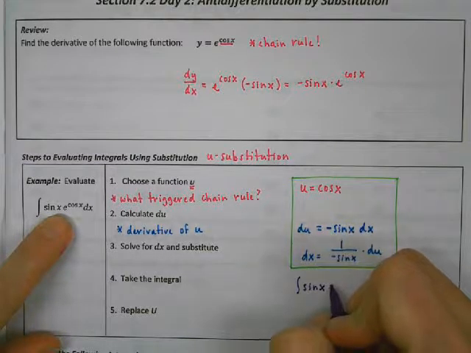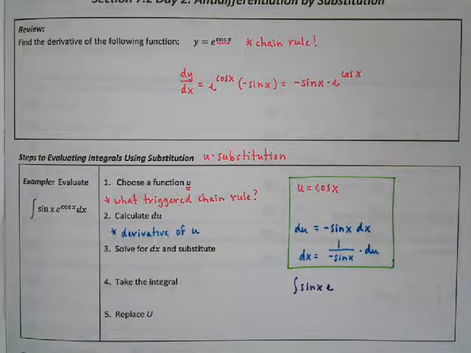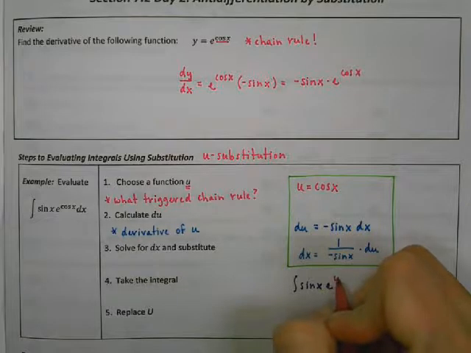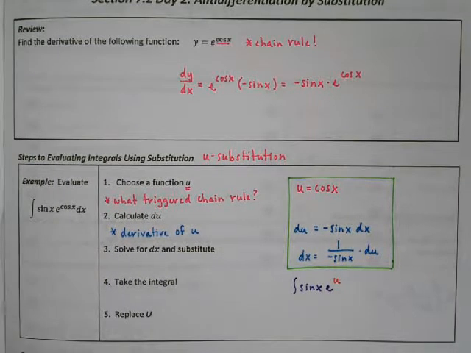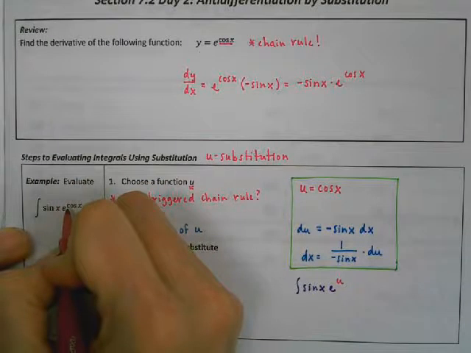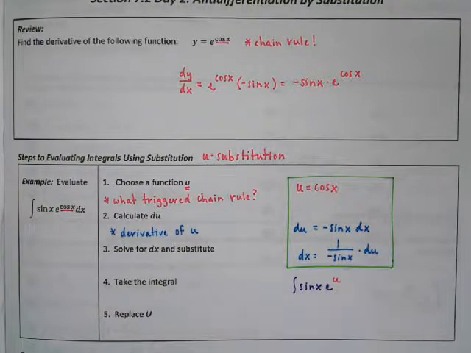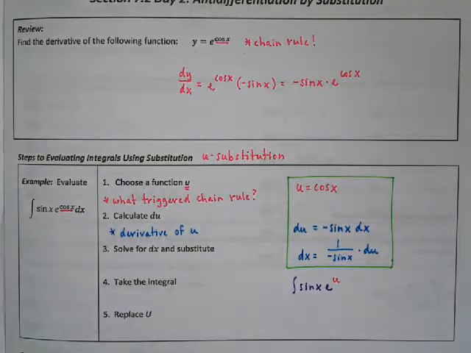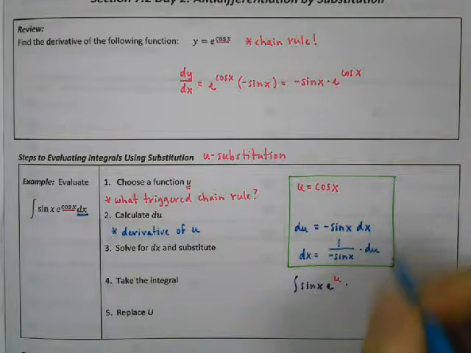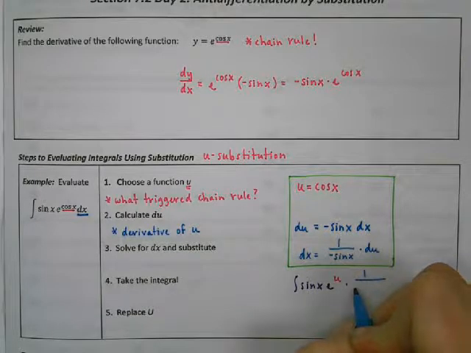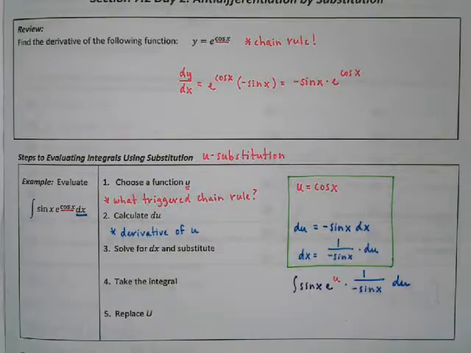Now I have e. Instead of cosine x, that's my u here, because we said u was equal to cosine x. So I'm going to highlight here. Cosine x is what became our u. And now dx, we said that dx is 1 over the opposite of sine of x times du.